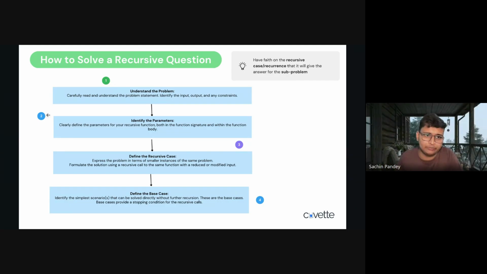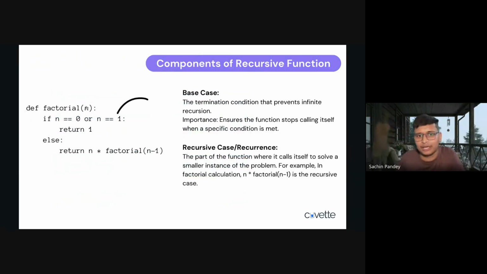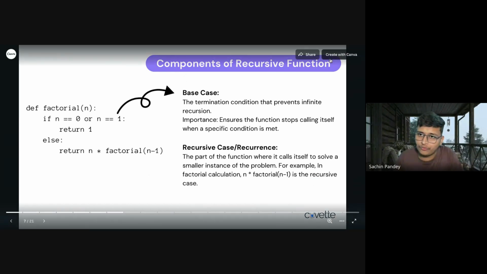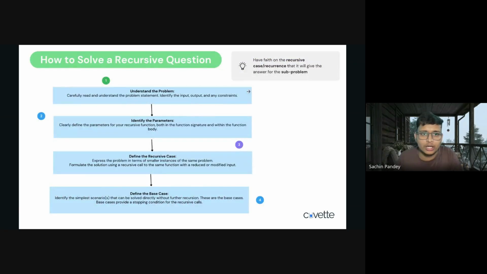For example, here we had a parameter n. We used this n for calculation, n into factorial of n minus 1. So whatever parameters you feel are going to be used, you can pass in the recursive function.